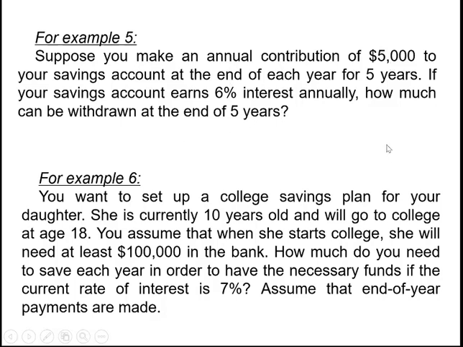So we have an equal series of 5,000 at every period, with the direction of arrows downward. And then we draw an arrow F at the end of 5 years.